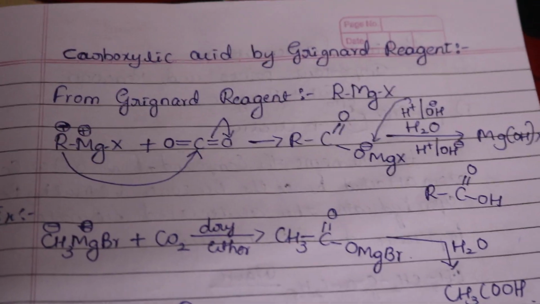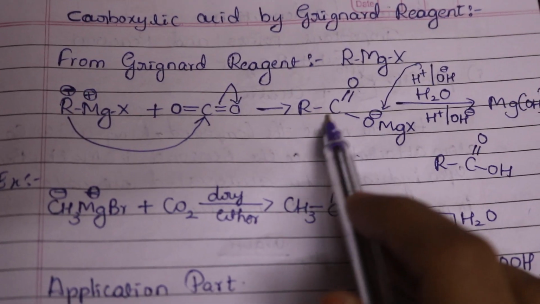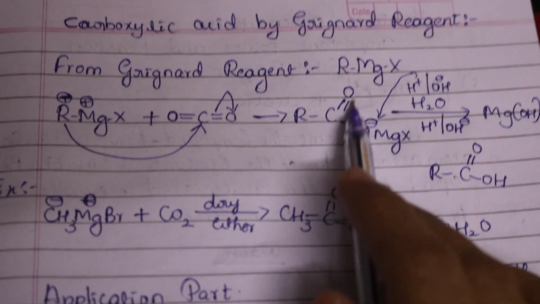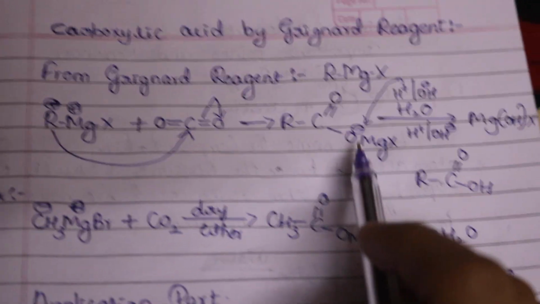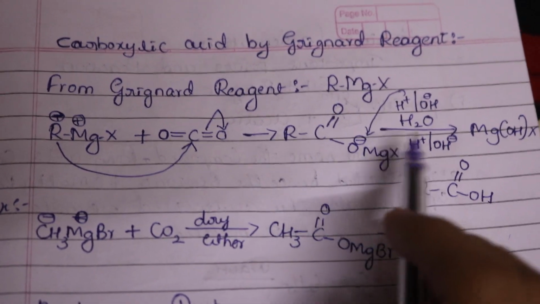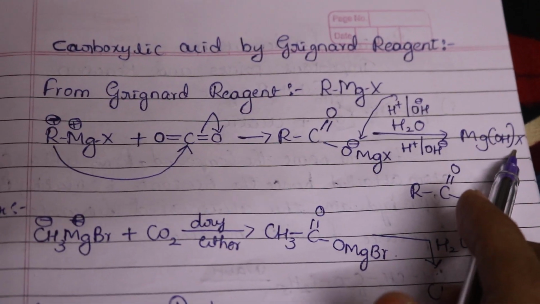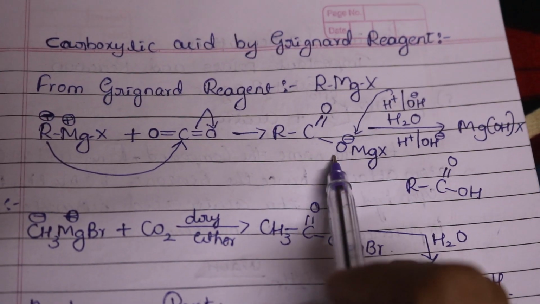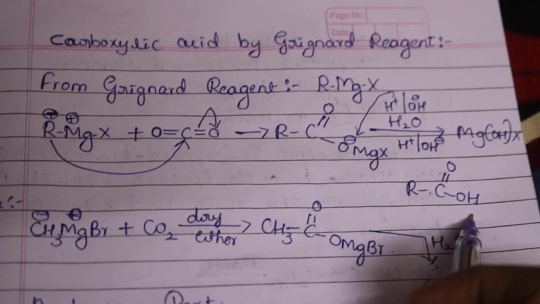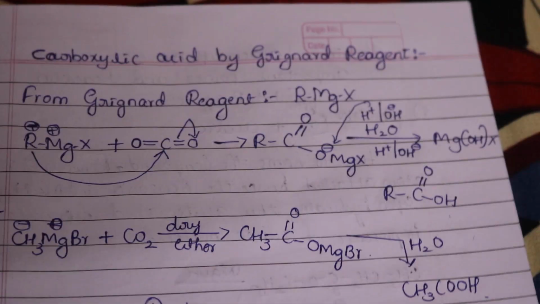Oxygen is a more electronegative atom, whereas this carbon is less electronegative, so OH will attach to this carbon, and hydrogen will attach to this oxygen, to form MgOHX and RCOOH, the carboxylic acid group.